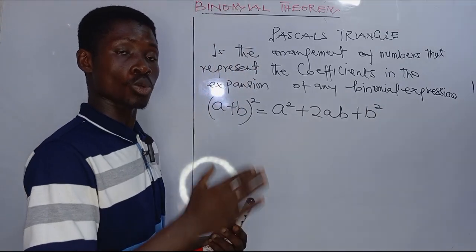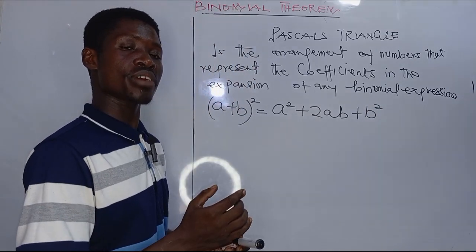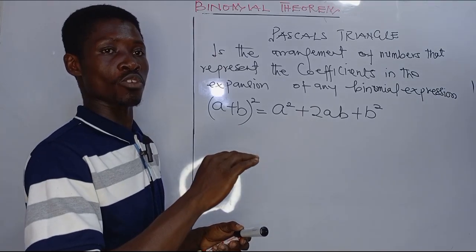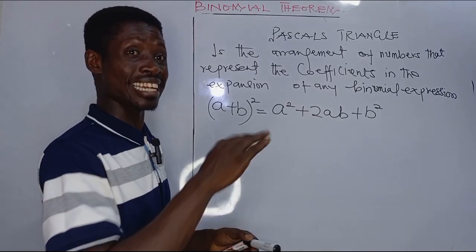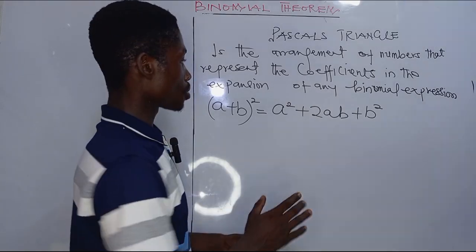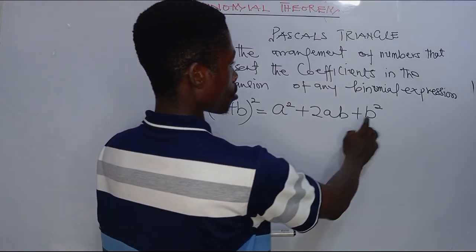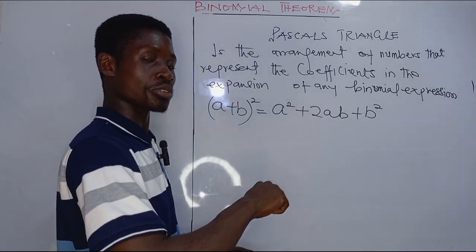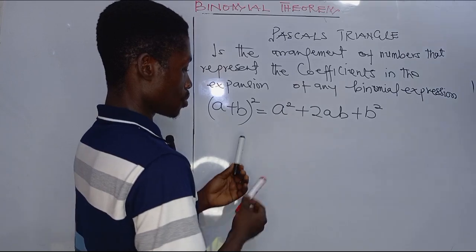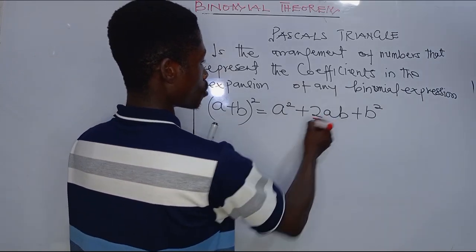Now when we talk about coefficients, we are referring to numbers in front of variables. And when we talk about variables, we are referring to the letters of the alphabet. So we have variables. Now the coefficients are what? The numbers in front of these variables. So with this, we have the coefficient 2.